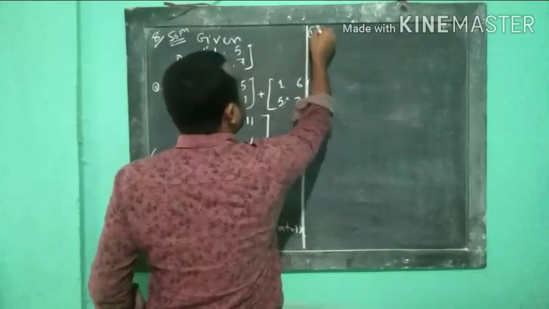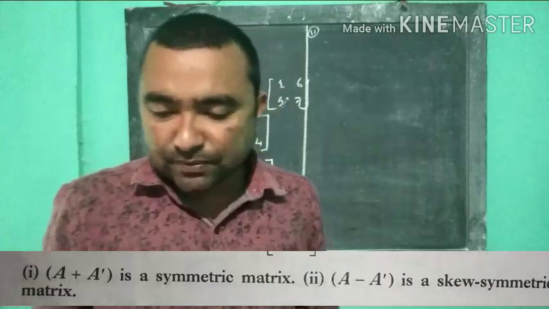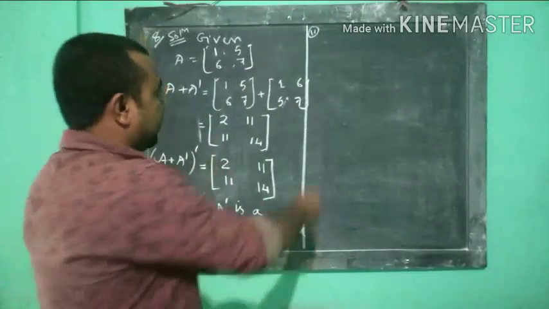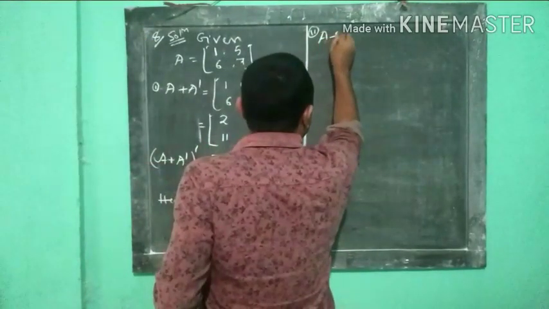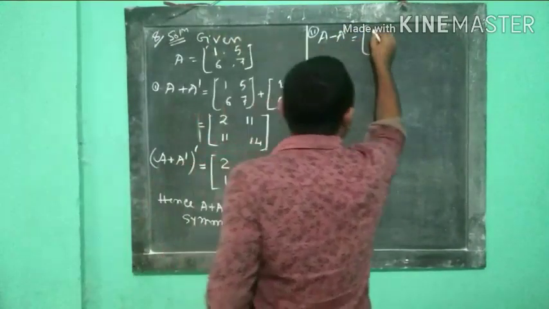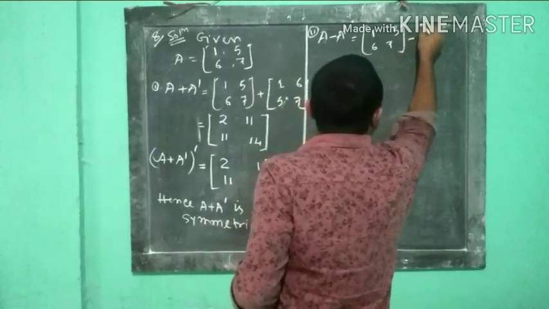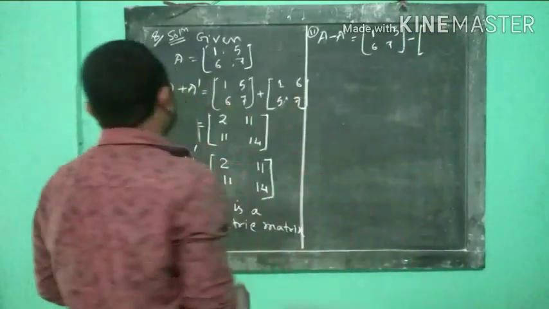Question number 2 is what? Question number 2 is A minus A transpose is a skew symmetric matrix. Now we are going to find A minus A transpose. A is given, 1, 5, 6, 7, minus A transpose. What is A transpose?